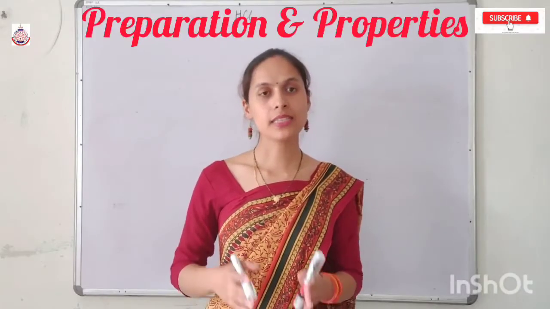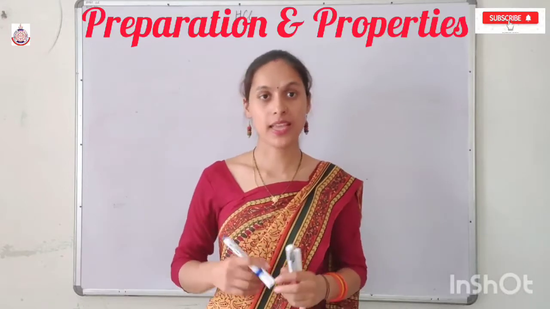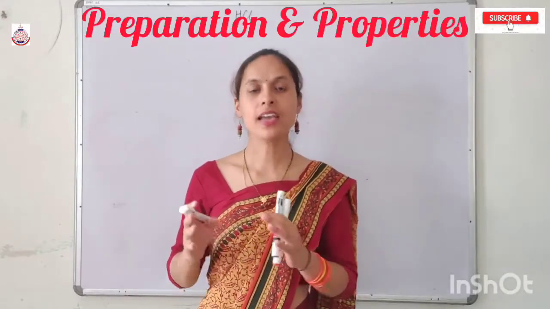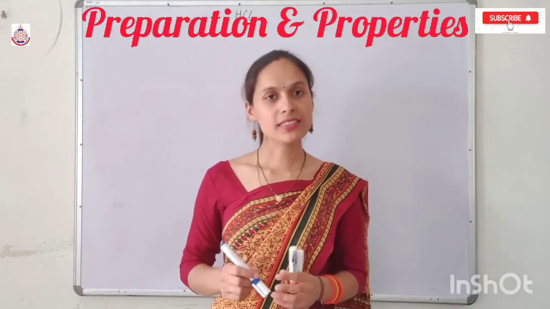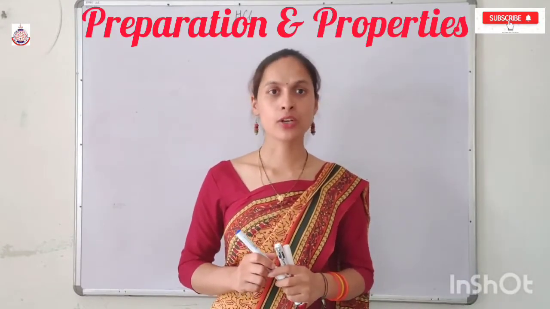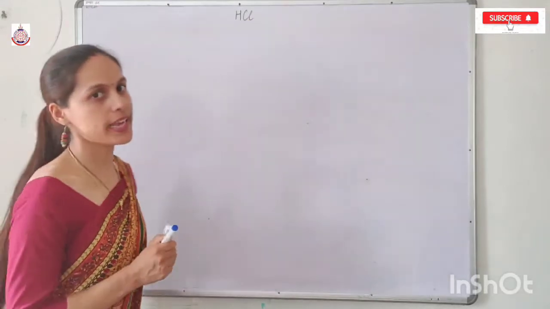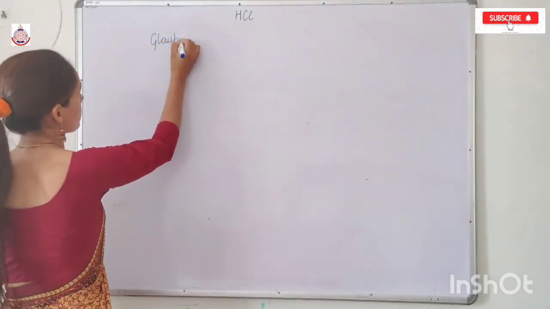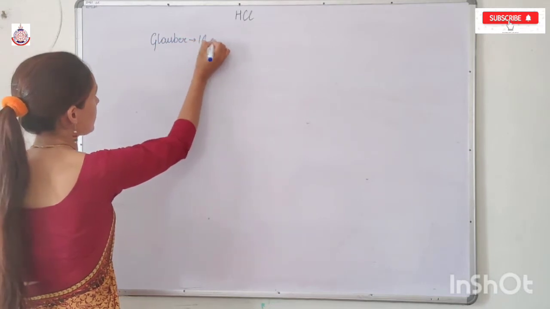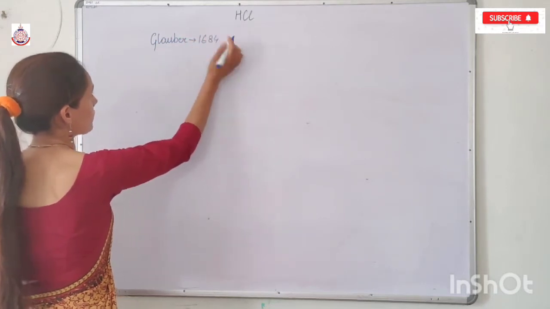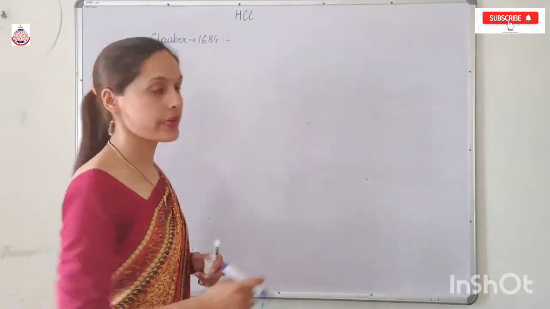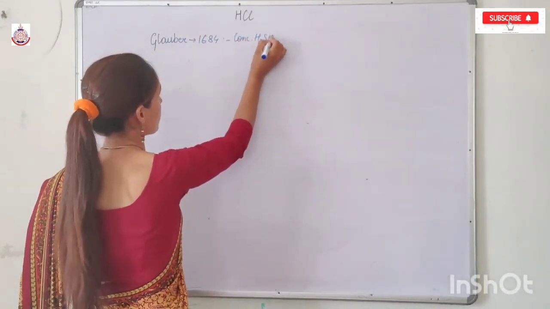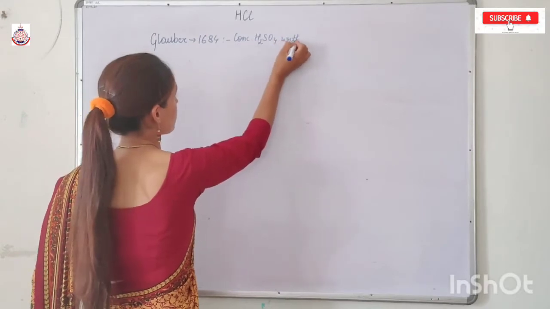HCl, that is the hydrogen chloride, not hydrochloric acid. HCl was prepared by Glauber in 1684 by reacting concentrated sulfuric acid with NaCl.